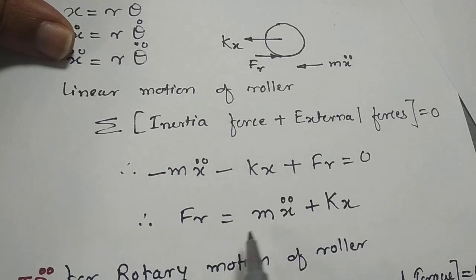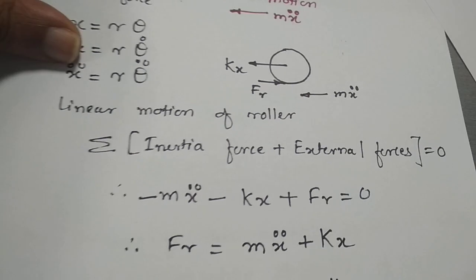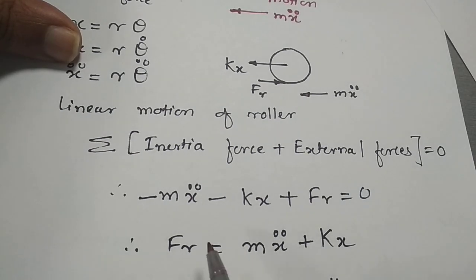Means we can say Fr is equal to mass into acceleration plus k into displacement, stiffness into displacement. This is for the linear motion.